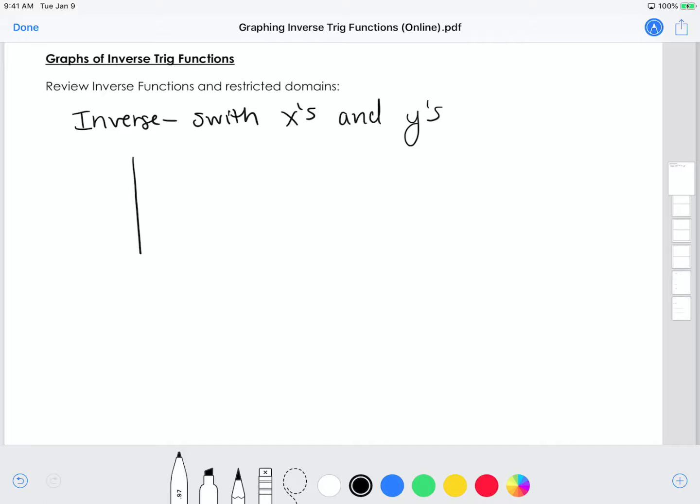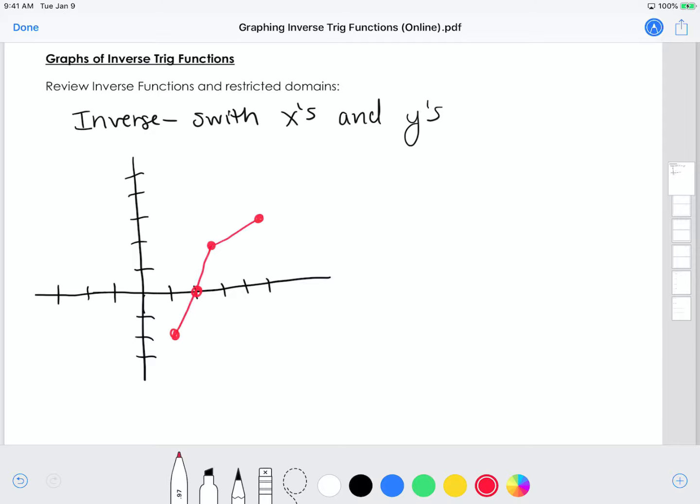So, for example, if I have a function that looks like this, so this is the point 1, -2.